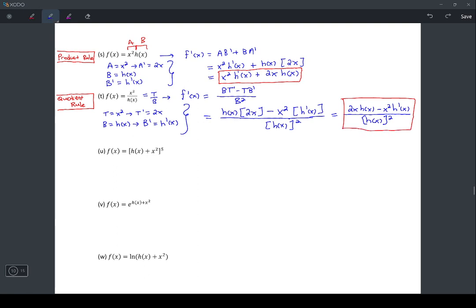Okay, the next problem is a chain rule. That we recognize this as w to the power 5. We take the derivative, we're going to get 5 w to the 4 times w prime.